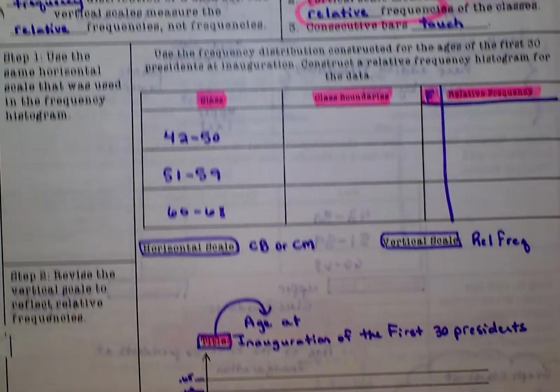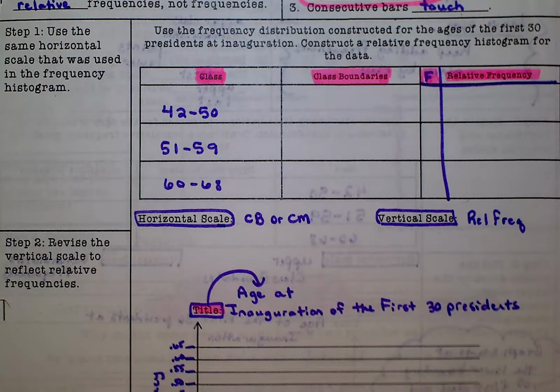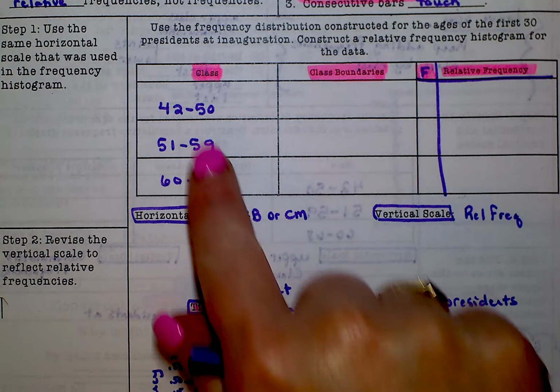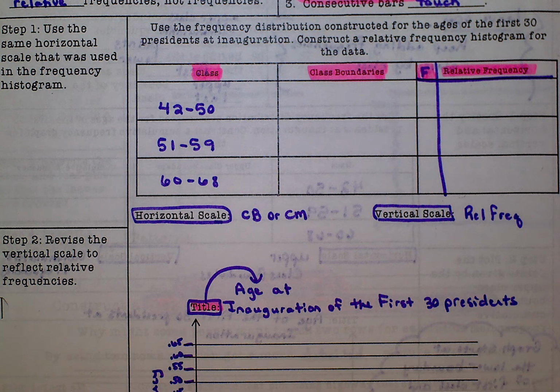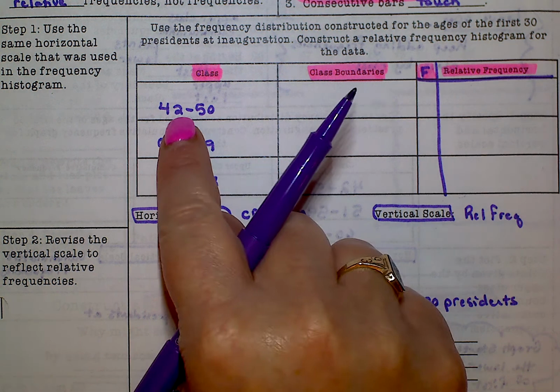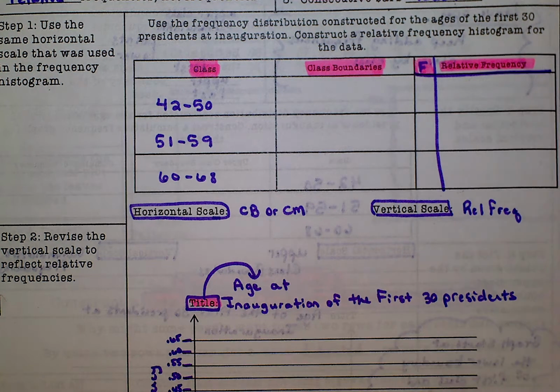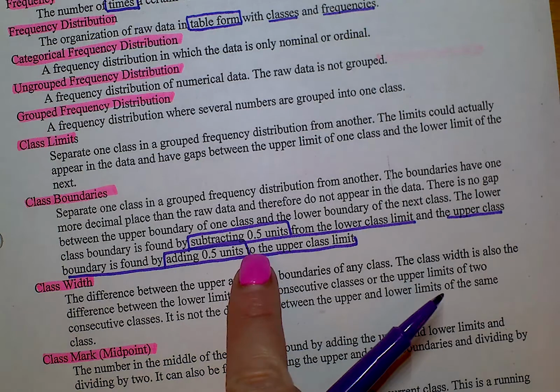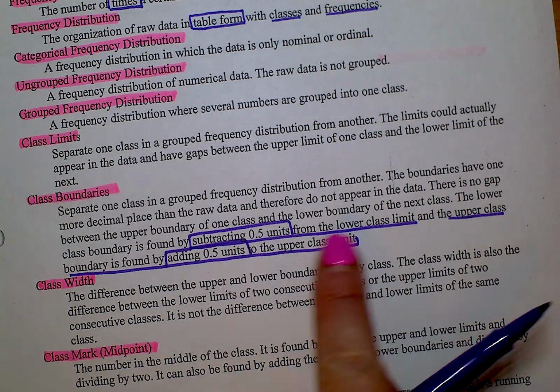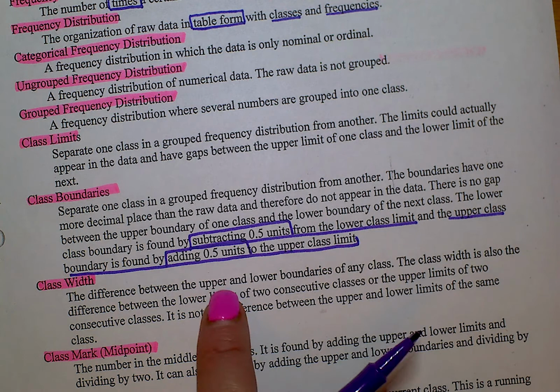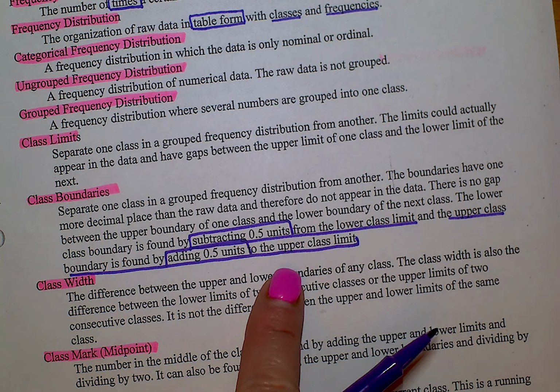Okay, so we're going to use this same data that we had a while ago. So I'm going to give you a moment. If you'll go ahead and put in your classes, we're going to locate your class boundaries. Now remember with your class boundaries, and if you ever forget to, you can go back to this sheet. You're going to subtract the 0.5 from your lower class and add your 0.5 to your upper class.